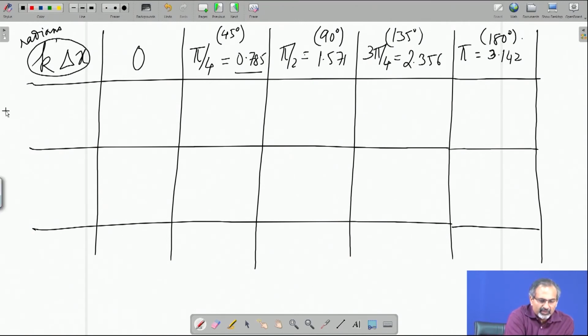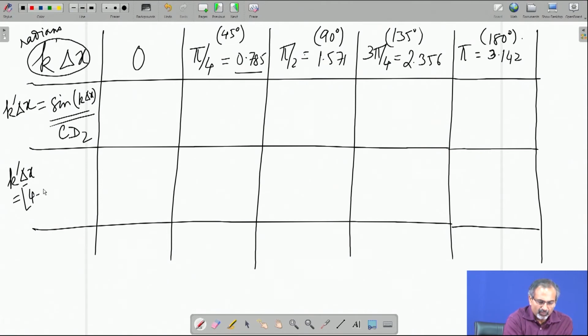And then we try to find out what k dash times delta x is for the CD 2 scheme. The expression for k dash delta x is equal to sine k delta x for the CD 2 scheme, and the k dash delta x for the CD 4 scheme will be 4 minus cosine of k delta x, the whole multiplied by sine k delta x, divided by 3.